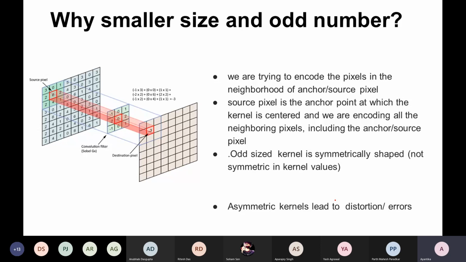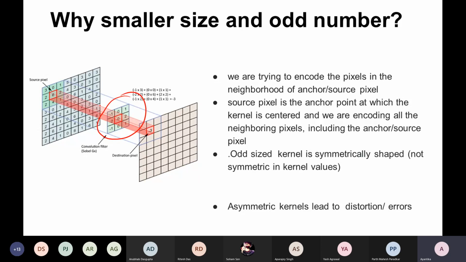Also, you will always see that these filters are not very big, and their width and height are generally odd. That means you will see 3 cross 3, 5 cross 5.